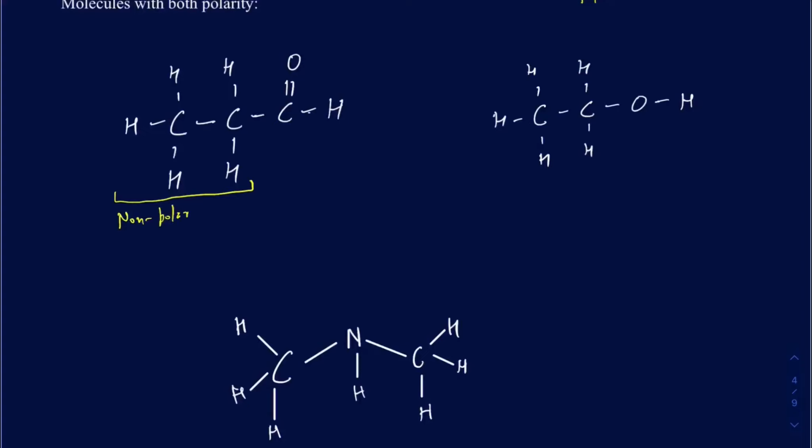But then you can also see this carbon-oxygen bond, oxygen being more electronegative, is going to have a partial negative charge, and carbon being less electronegative is going to have a partial positive charge. So you will have a dipole going toward the oxygen. So that's going to be your polar side. That's another thing you want to be able to identify, that in a given molecule you could have a nonpolar side and a polar side.